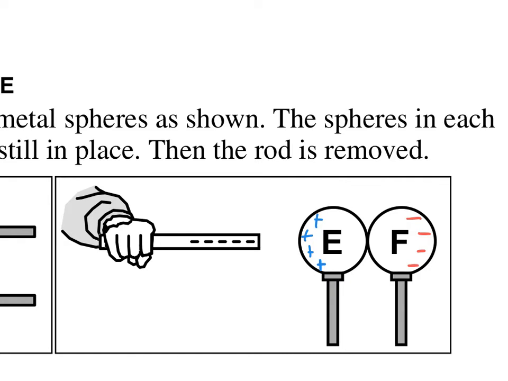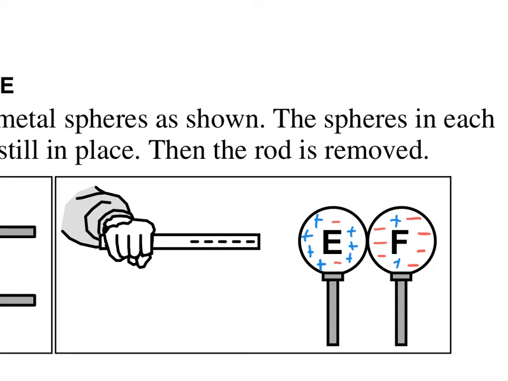And so if that's the case, I would also expect that maybe a little bit less negative charge would be on the other side of F, which means correspondingly there'd be that. But there's still some negative charge here, and there's still some positive charge there.